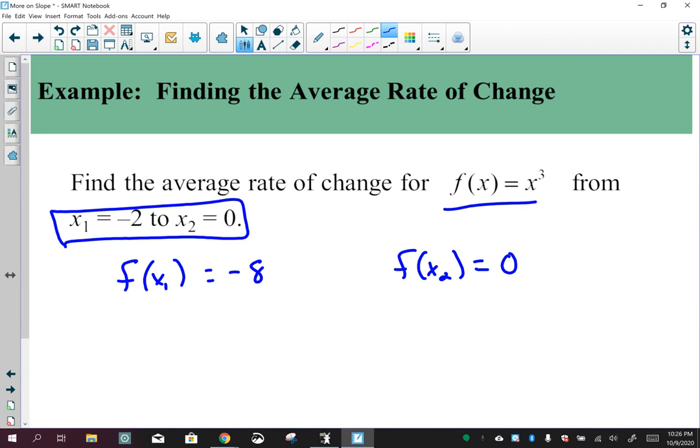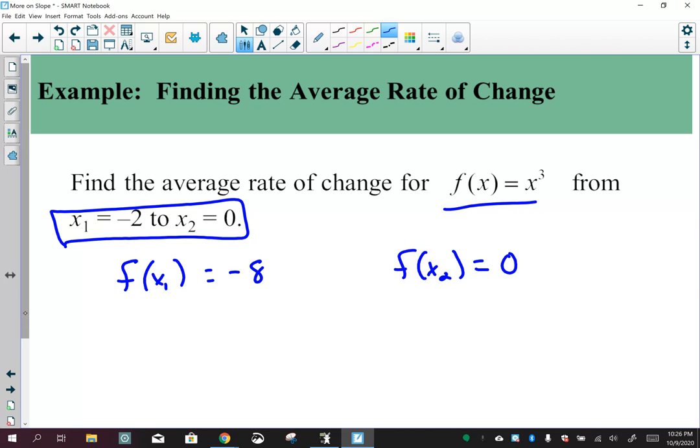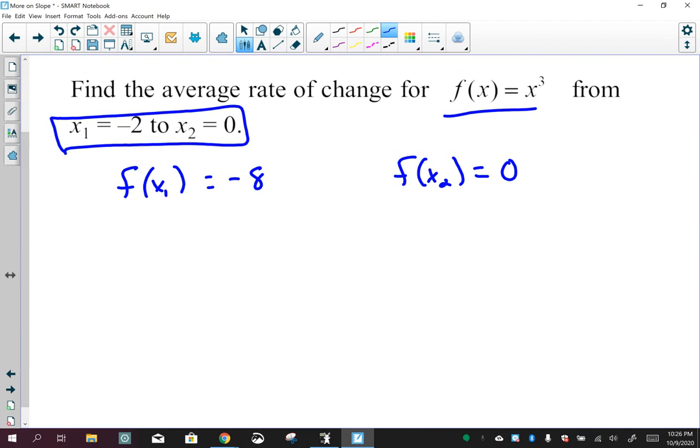Now I put it into my slope formula, and this is going to give me the average rate of change over this specific interval. So we go 0 minus -8 all over 0 minus -2. That gives me 8 over 2, so that gives me 4 over 1.